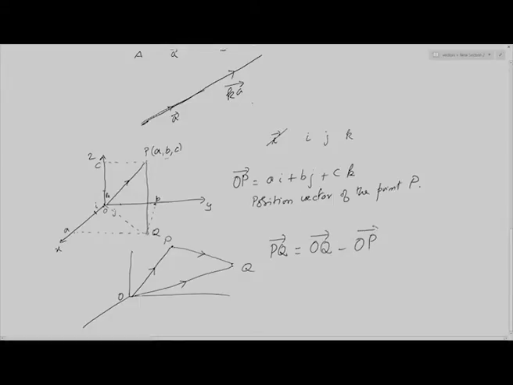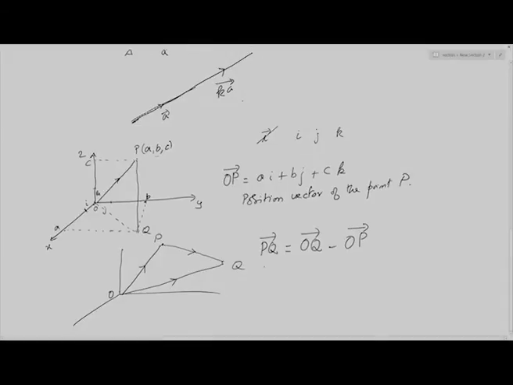This is what I want you to remember all the time. So the vector PQ can be represented in terms of the position vectors as OQ minus OP.